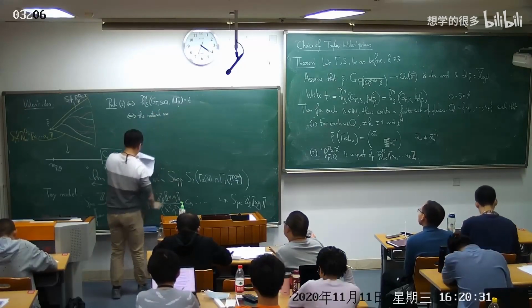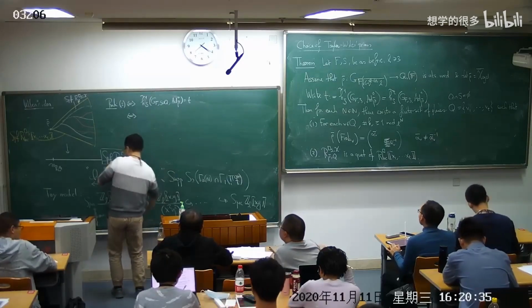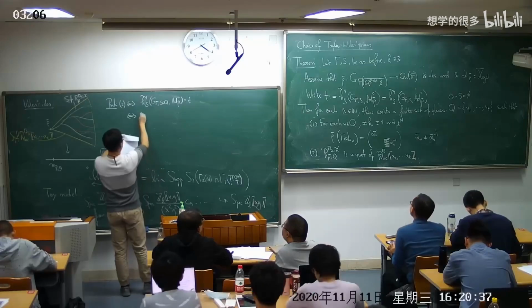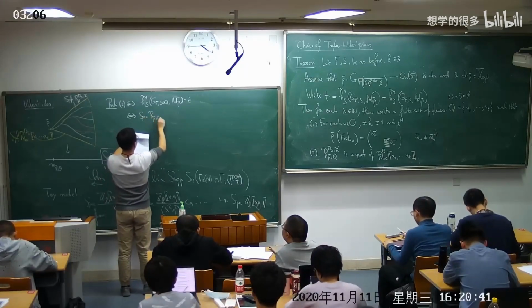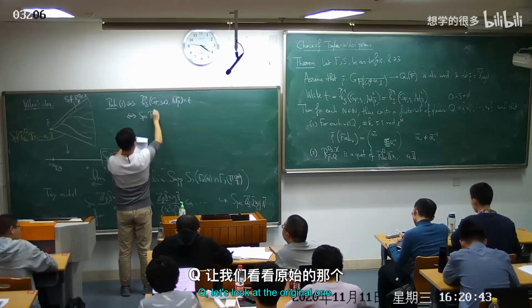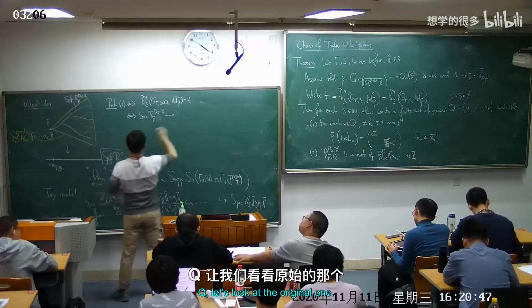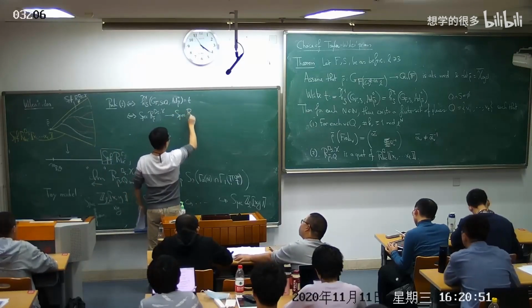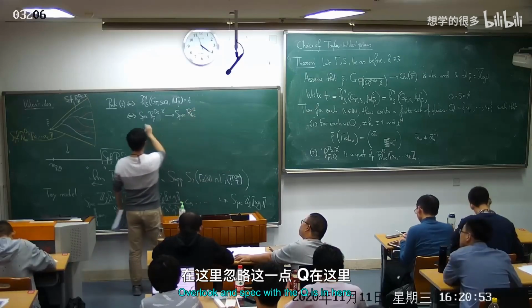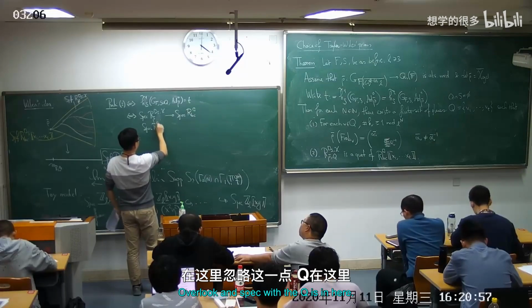Or maybe we put it this way. So maybe we think of it this way: spec of R rho bar Q, maybe without the Q first. So let's look at the original one over the log, and spec with the Q in here.